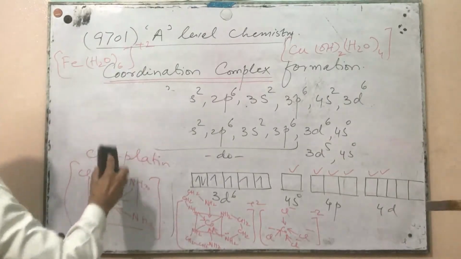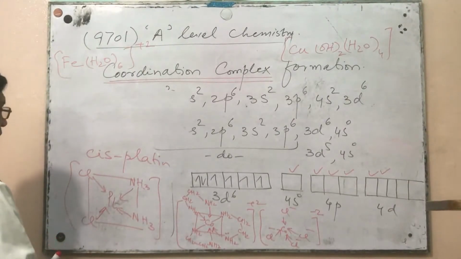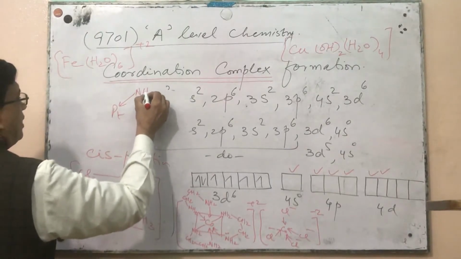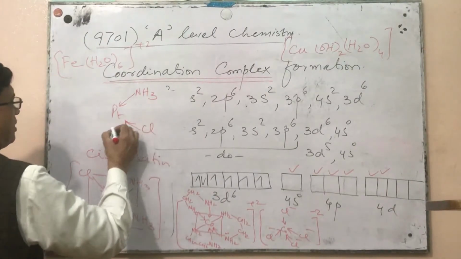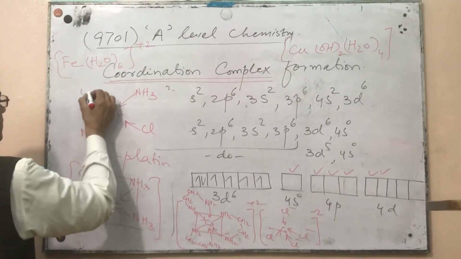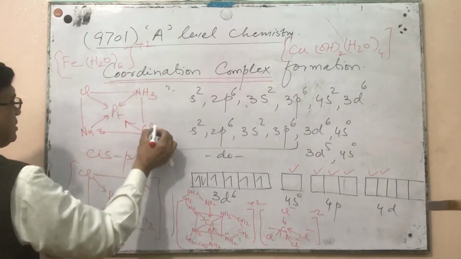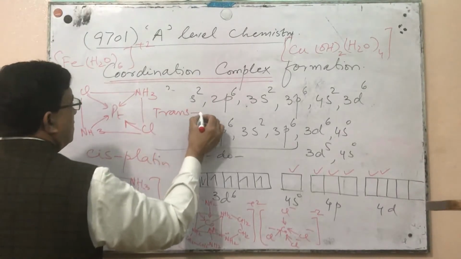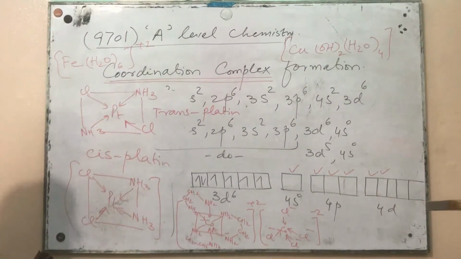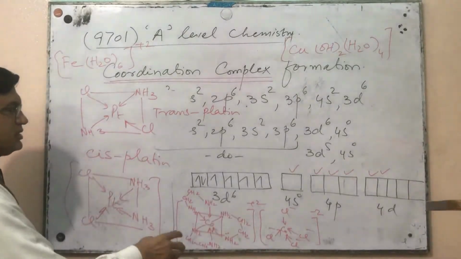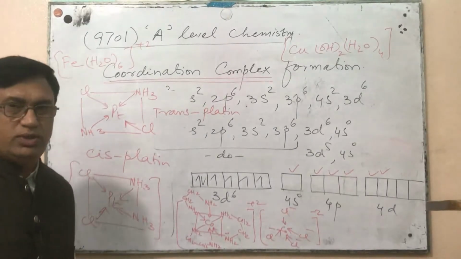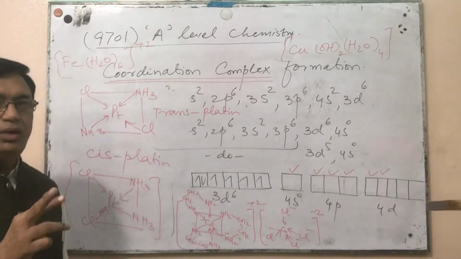Contrary to this, there is another, transplatin, that can be represented just like this: NH3, Cl, NH3 and Cl. This is called transplatin. It means that the coordination complexes can also show geometrical and stereoisomerism, but there are two conditions.